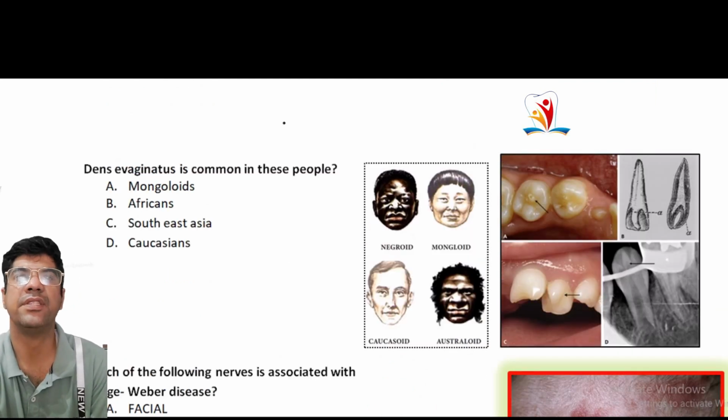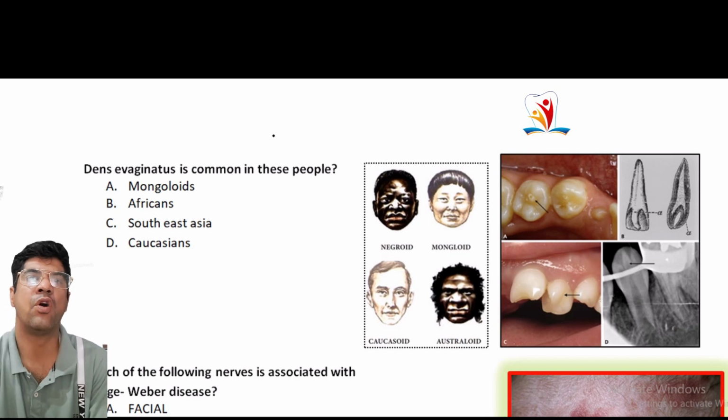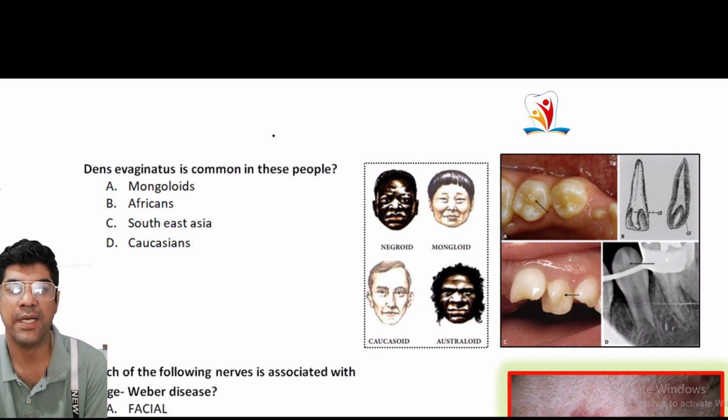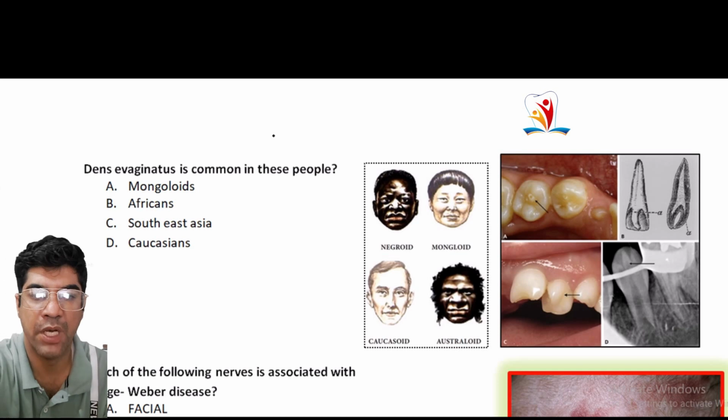Moving to next question, the dens evaginatus, it is common in these people. It is more commonly found in certain populations.